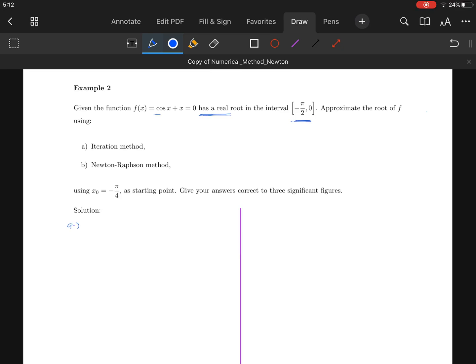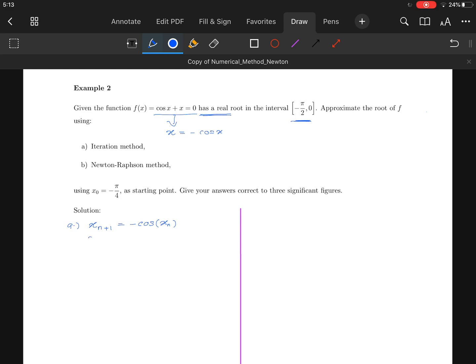So from here you can write down x equals negative cos x. From that you have x(n+1) equals negative cos xn. Alright, let's use this straight away.